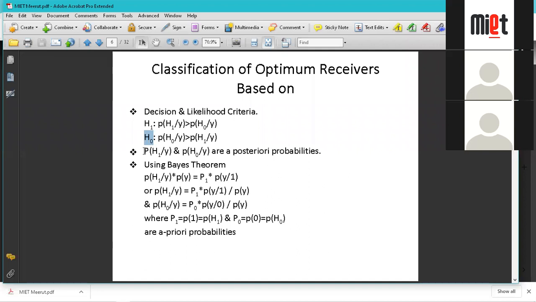But what are these probabilities? They are a posteriori probabilities. And I have already told you that a posteriori probabilities are the most difficult to understand, because there is hardly anything known to you.